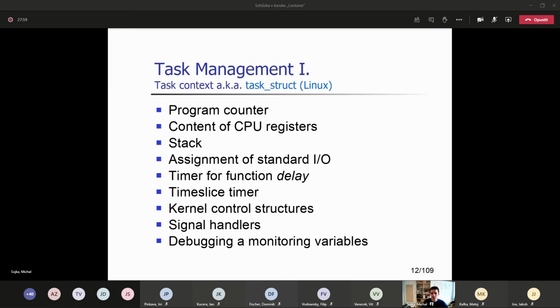The thing we will start with is task management. In other operating systems, this would be thread management. But in VxWorks, everything is called a task, so it's task management.